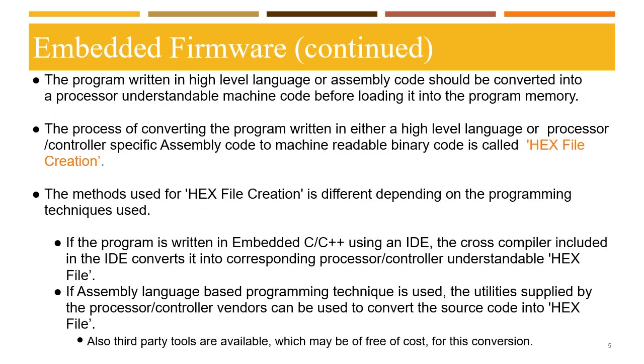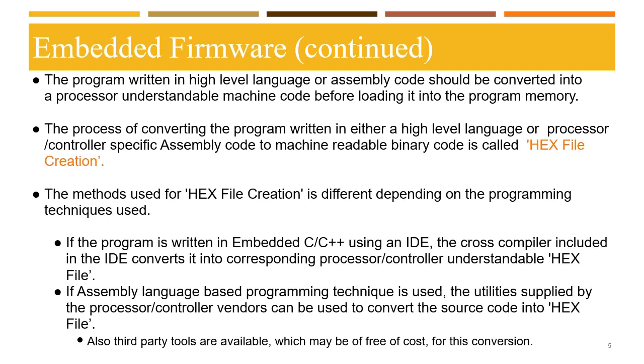The instruction set we write is different for each processor or controller, and the program written in either of the methods given in the previous slide should be converted into processor understandable machine code before you load it into the program memory. The process of converting a program written in a high level language or assembly language into machine readable binary code is what we call hex file creation.